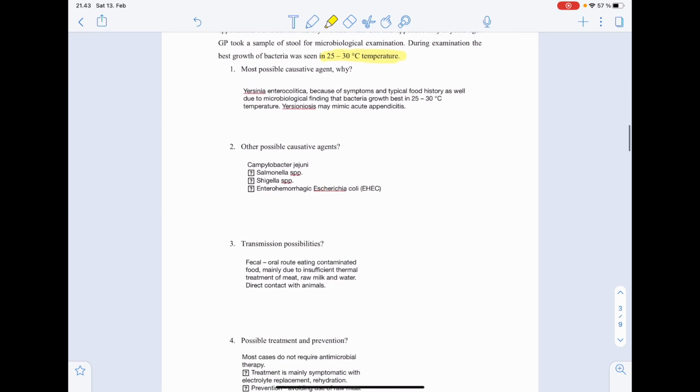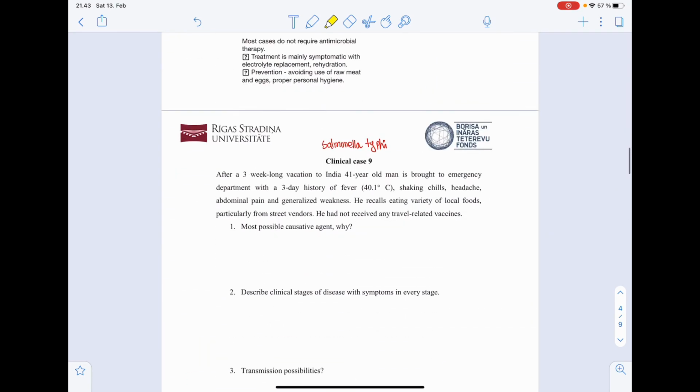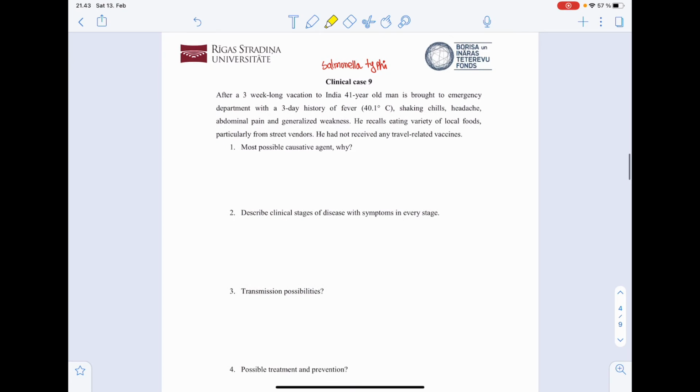And then the last case, this is our last case, which is for Salmonella typhi. How will we be able to identify it? Here the patient was vaccinated in India, and the patient has 3 days of fever, which is not normal. It's a high grade fever.